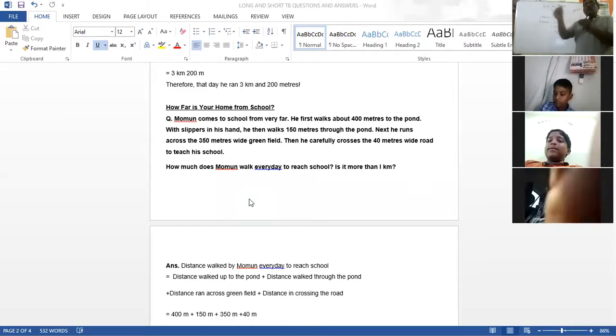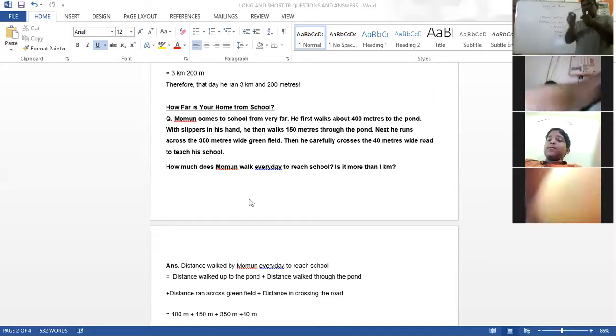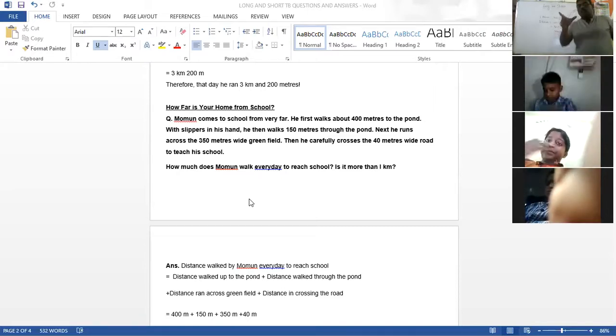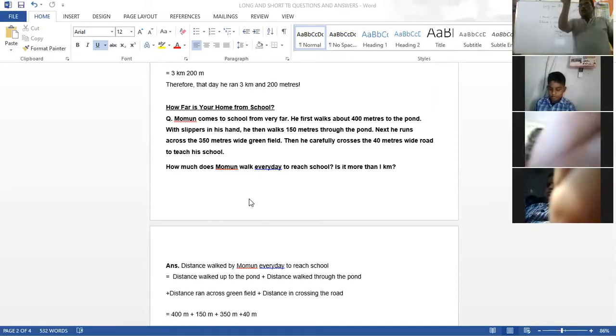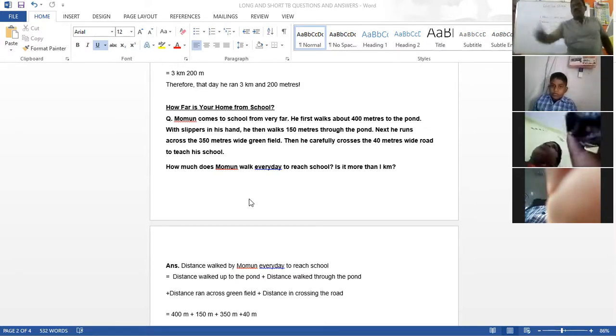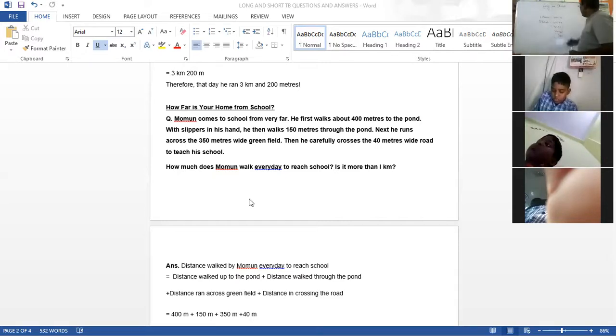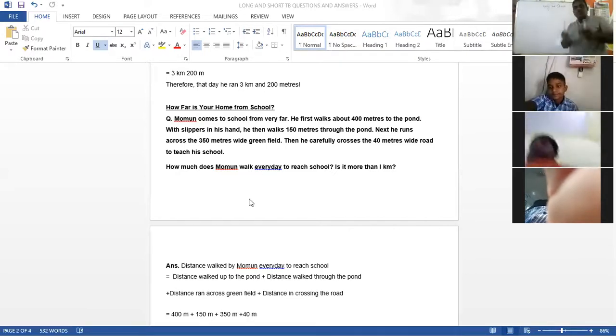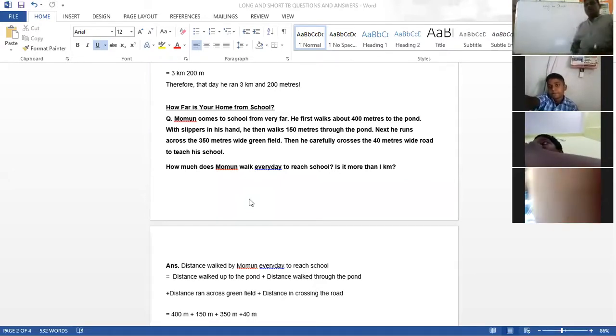Find the distances he is covering. All four distances you have to simply add. It's simple, no? You will get the total value. And he is asking whether the total distance is more than a kilometer or less than a kilometer.